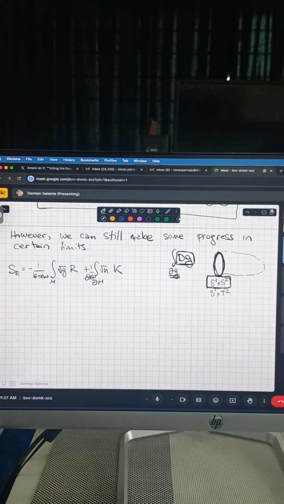Root g, R, and the idea is that in general, this will be very complicated, but luckily for us, we have a G Newton appearing here. And G Newton is kind of the strength of the gravitational interaction. And we can think about the path integral in the limit where G Newton goes to 0. When G Newton goes to 0, the gravitational interactions are small.